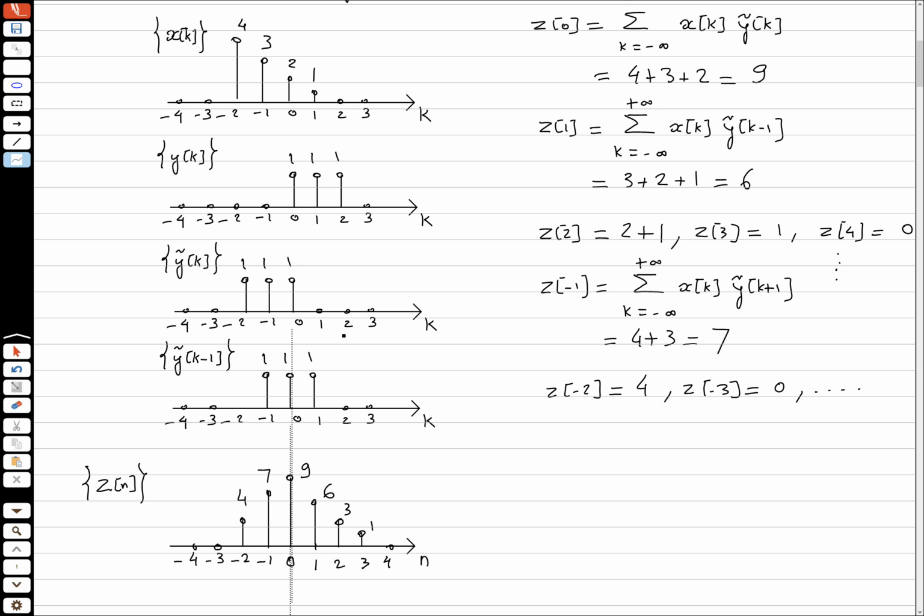And when you are super good, you don't even need to plot y tilde of k. You do the flip in your mind, and then you take the inner product. And when you are super good, I show you two sequences, and you look at them and say, it's going to be 9, 7, 4, 1, 0, 0. Soon, you'll be able to do that.